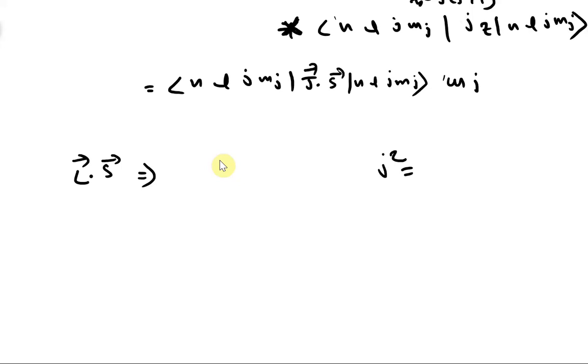J is L plus S, squared, so we get L² plus S² plus 2L·S. Why did it become 2? You must tell me.